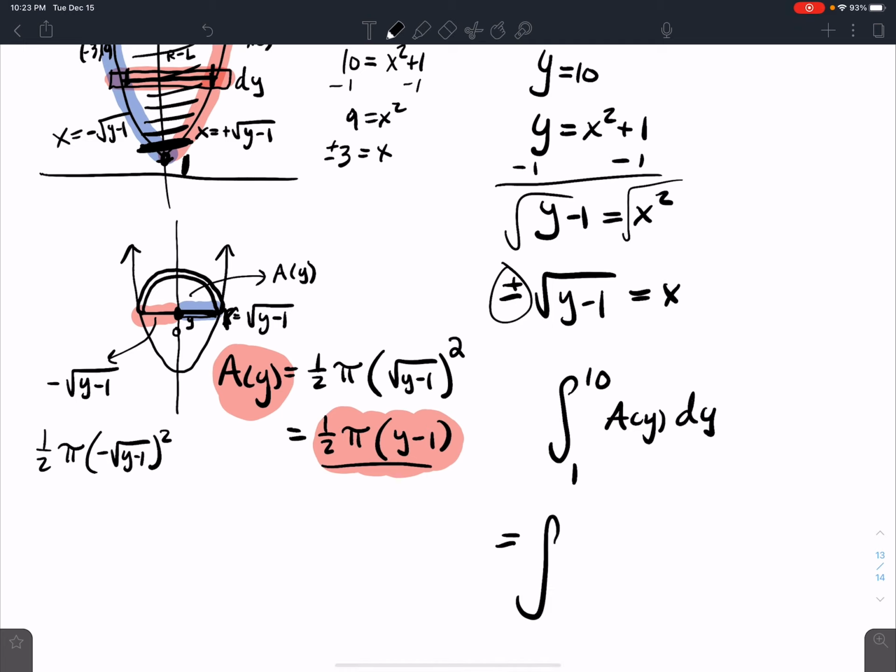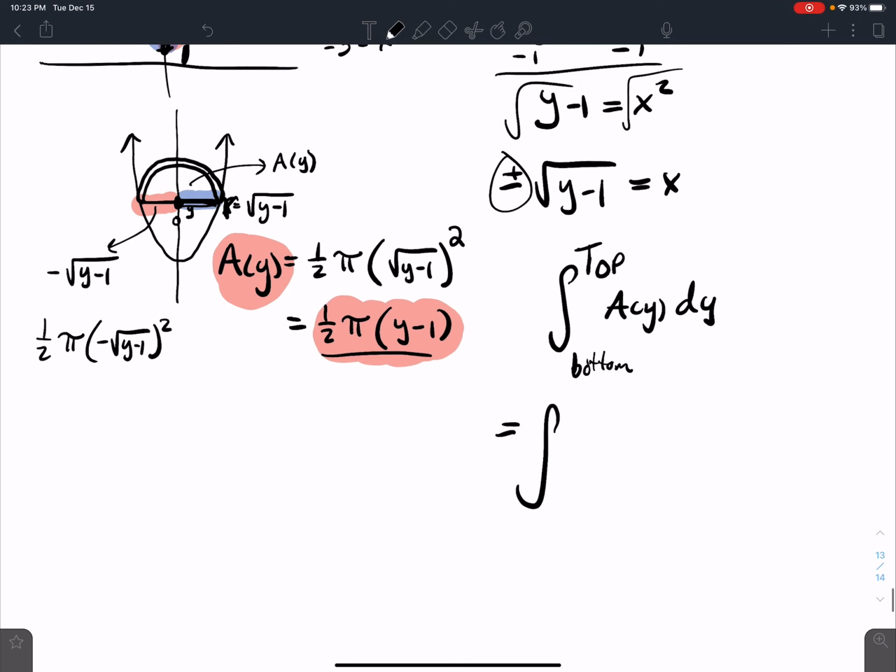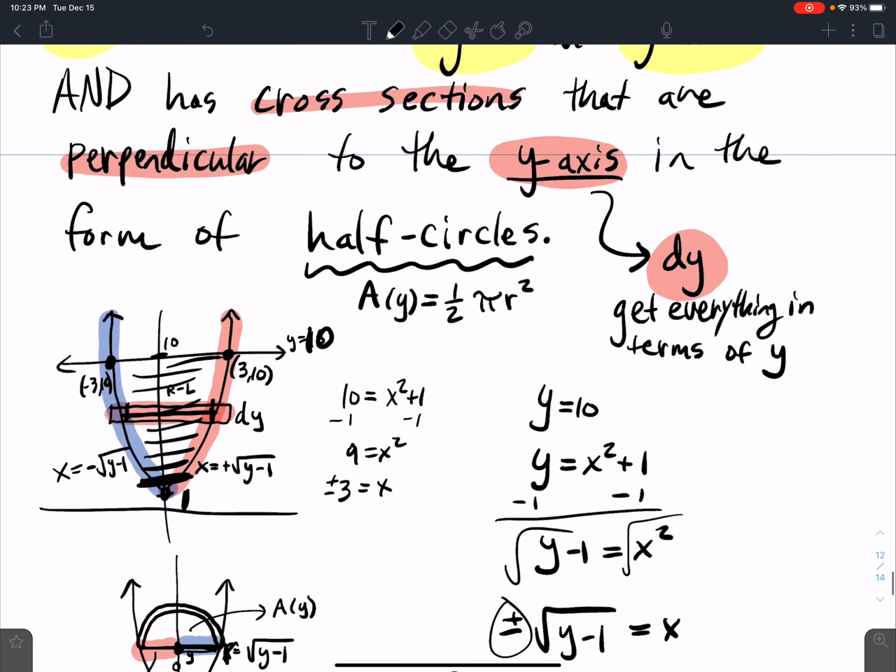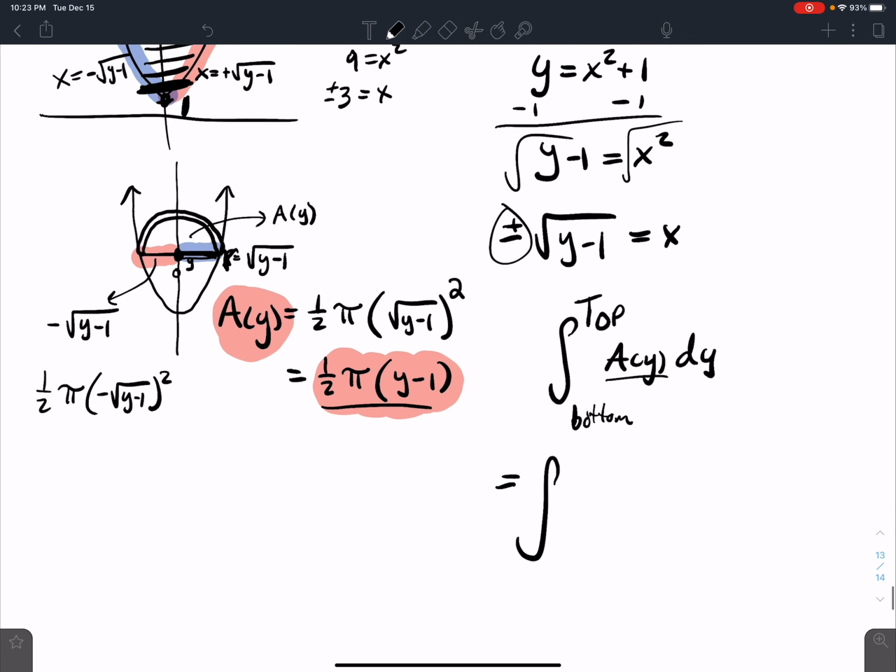Remember, it was bottom to top, right? And then it was right minus left, but that's where we used the particular cross section. The half circle told us what the formula would be. And so that ended up being from 1 to 10 of, and what was a of y equal to? It was 1/2 pi y minus 1 dy.